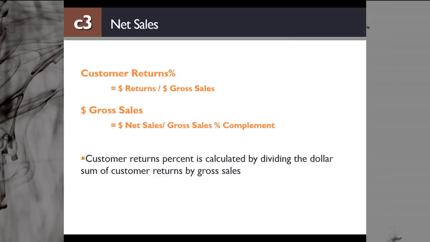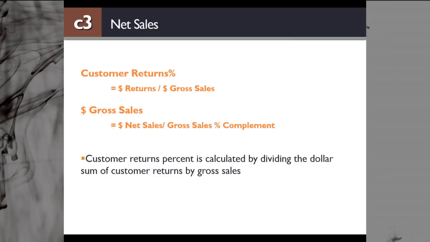If you want to calculate the customer return percentage, and you know the dollar amount of the customer returns and the dollar amount of the gross sales, you can calculate it. The formula for the customer return percentage is dollar customer returns divided by dollar gross sales. And here is the really different thing from what we learned last time.